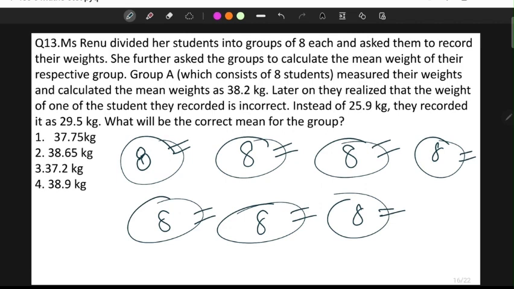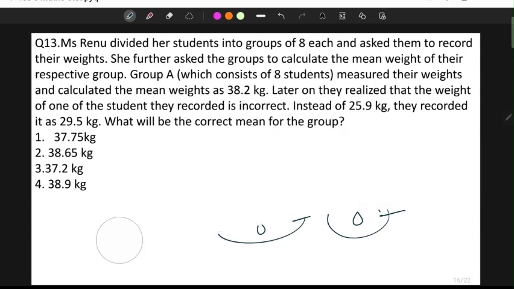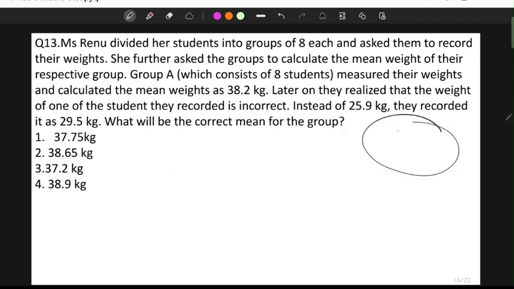Okay, so what they have told us here is the mean weight for group A. Now we have to target group A, and in group A there are a total of 8 students. When they calculated the average weight of all the 8 students, it was 38.2. But there was an error in this.